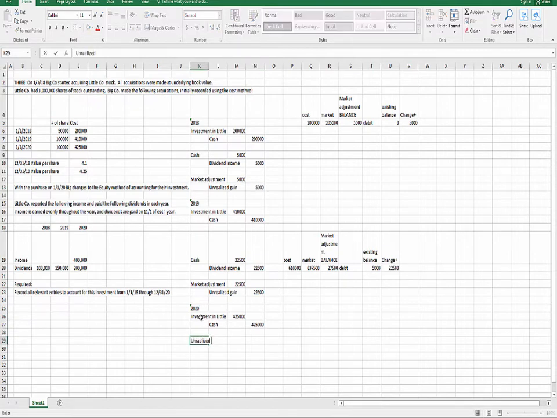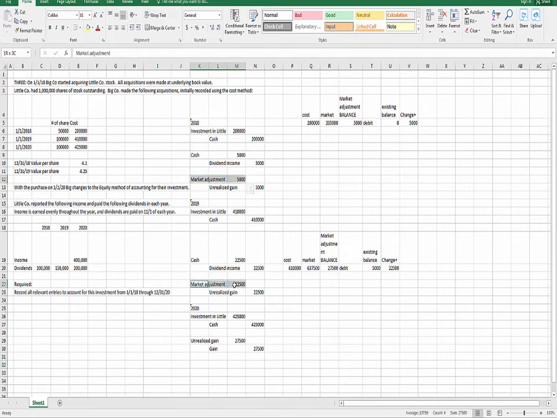So we're going to go ahead and debit unrealized gain and make that a gain. Okay, that was easy enough. The second thing we need to do is on our balance sheet, directly below the investment in Little account, there's this market adjustment.